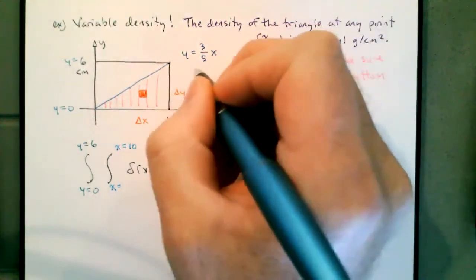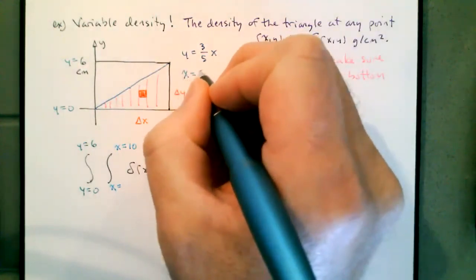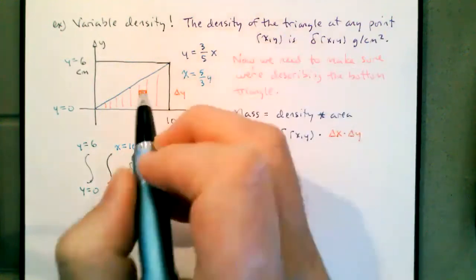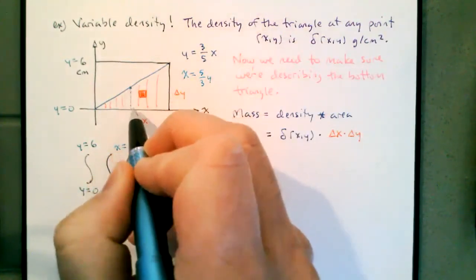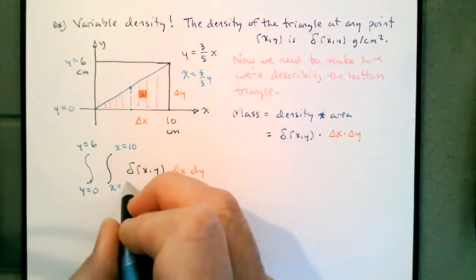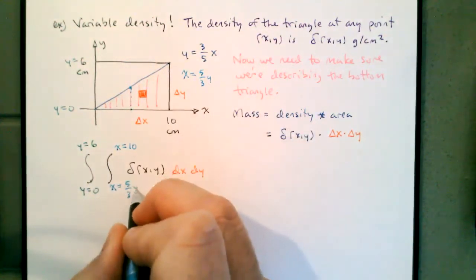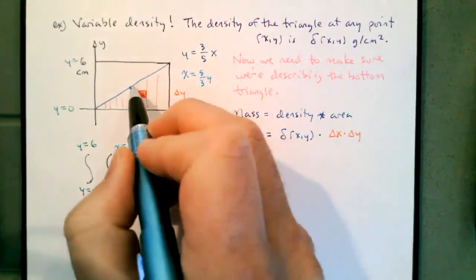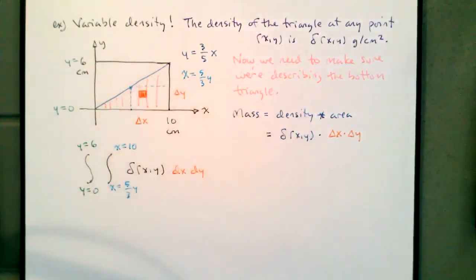That means x is 5/3 y. So at this point, that's an x. That's the first x we encounter. That happens at 5/3 y. And then we stop at 10. Oh, welcome to your first double integral.